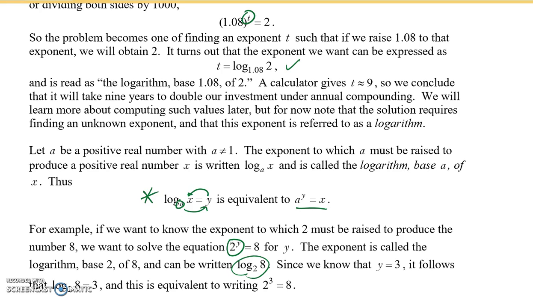That's the equivalent exponential form. So one of the things we have to get used to is this rather unusual notation for exponents, this logarithmic notation. And this is one of the problems that students run into with logarithms, is just understanding what they're actually working with, because the notation sometimes gets in the way a little bit.